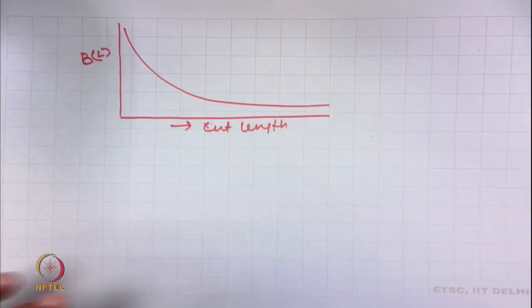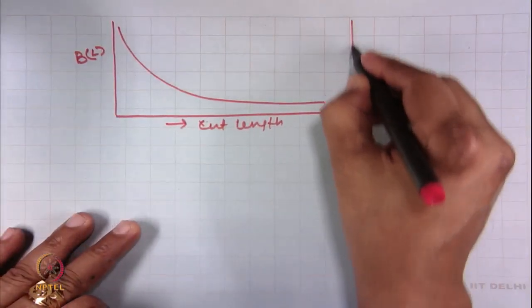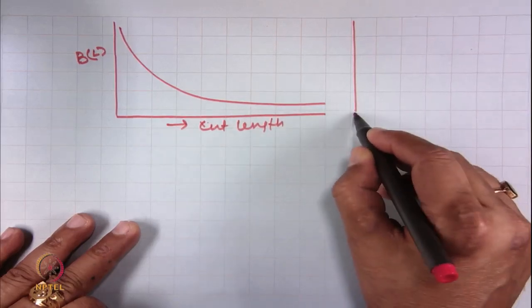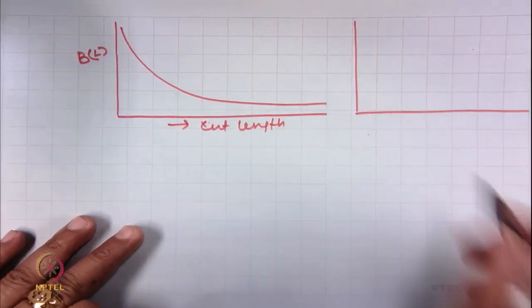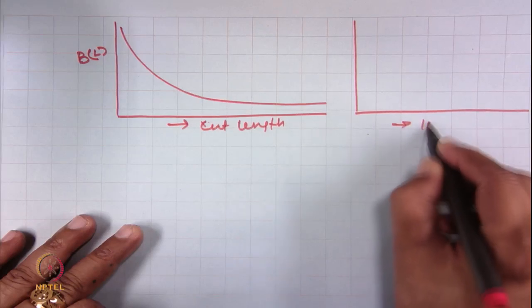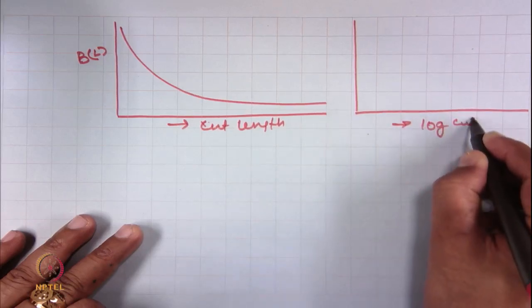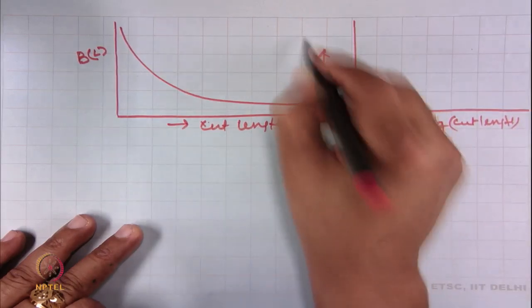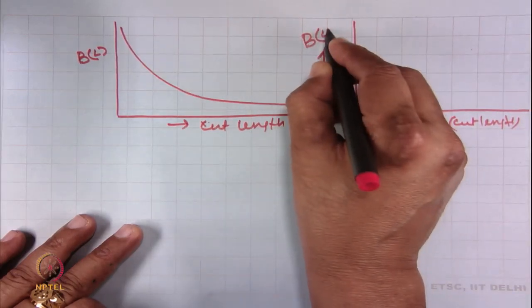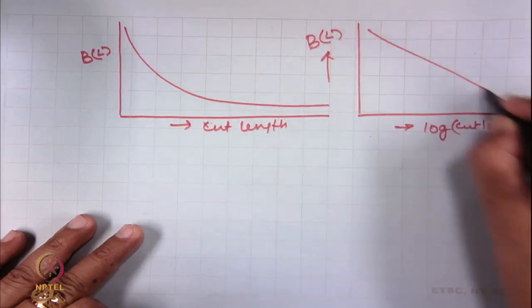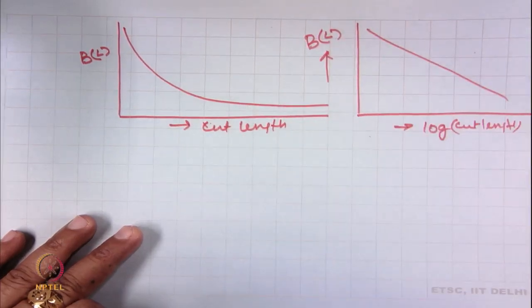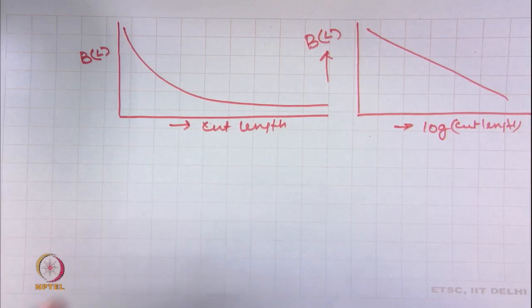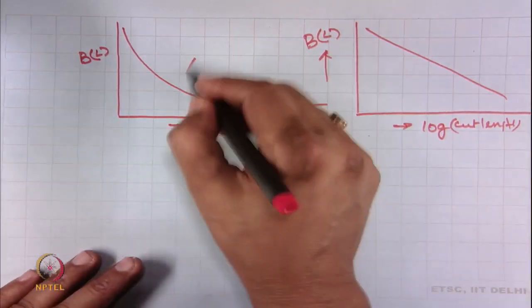But if we take the cut length in logarithmic form, normally we get the printout in the logarithmic form, and this curve will be like this. This is the curve, and in the instrument they give this type of printout, not the other type.